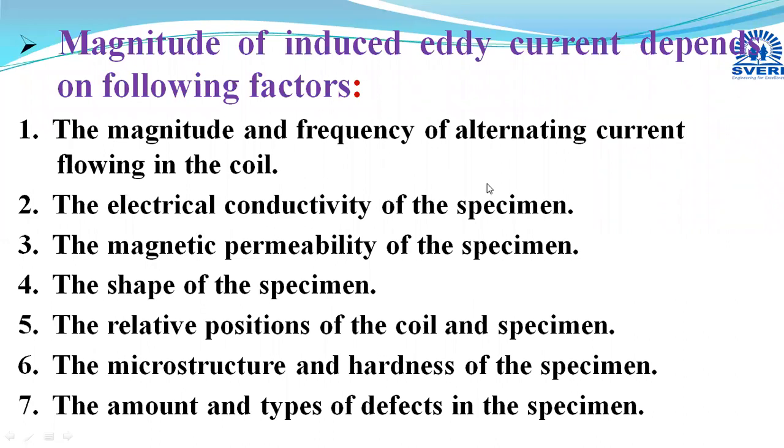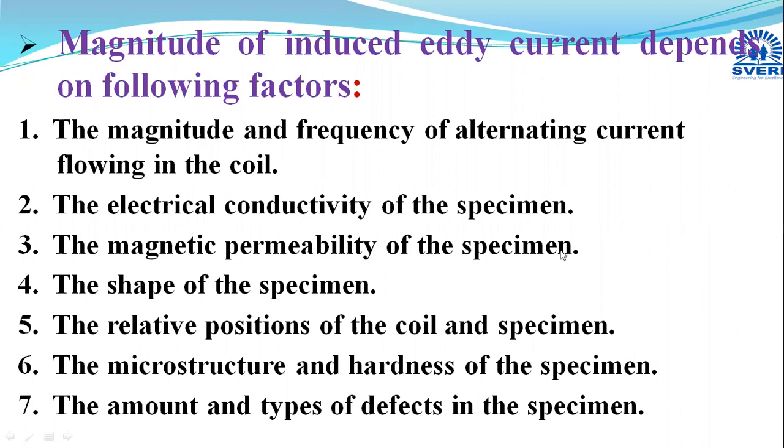Then the electrical conductivity of the specimen. Okay, these are properties of the specimen. What is the electrical conductivity of the specimen? Then its magnetic permeability, then the shape of that specimen, then the position of the coil and specimen.